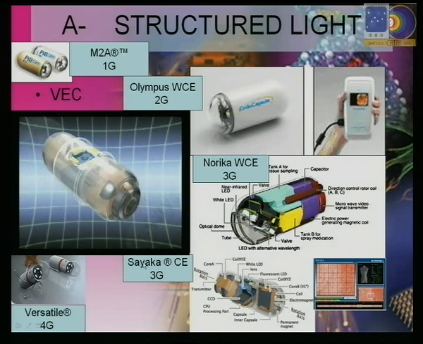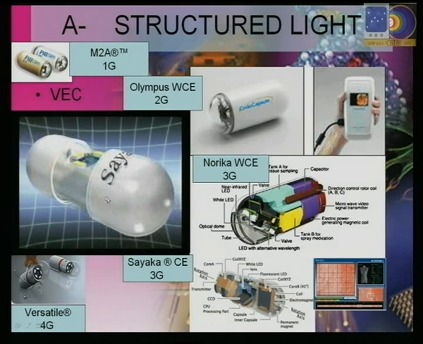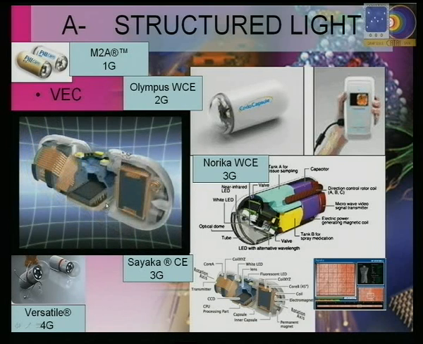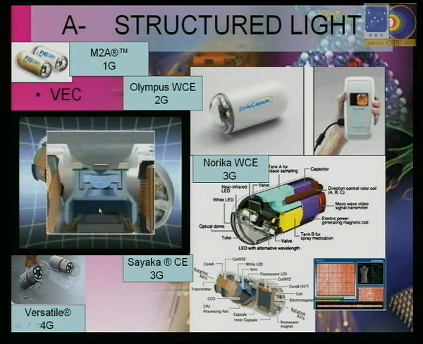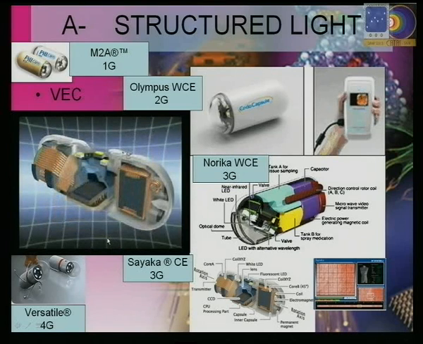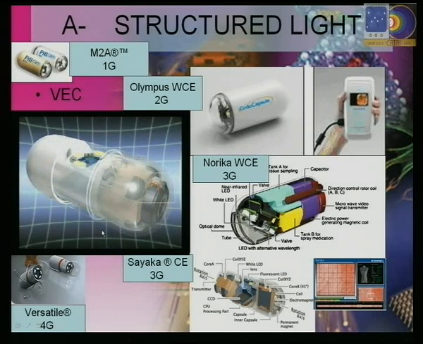Obviously, they are coated. And at the present moment, they are using radio frequency ID in order not to lose the device inside of the intestine, especially when they have stenosis. So you will see how it works.